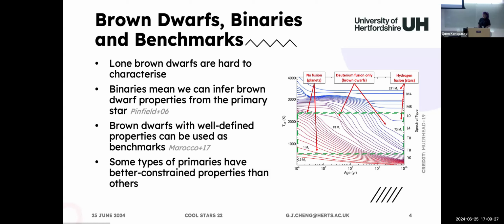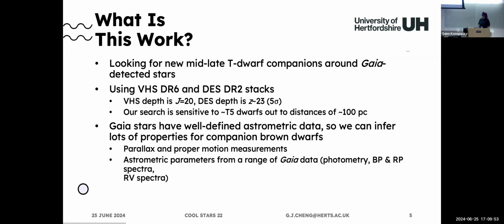If we know the properties of the brown dwarf, we can use it as a benchmark. And one of the key things that we've been looking at in this work are the types of primaries, because the different types of primary can give us different information about the T-dwarf companion. For example, white dwarfs, which I'll get to later.